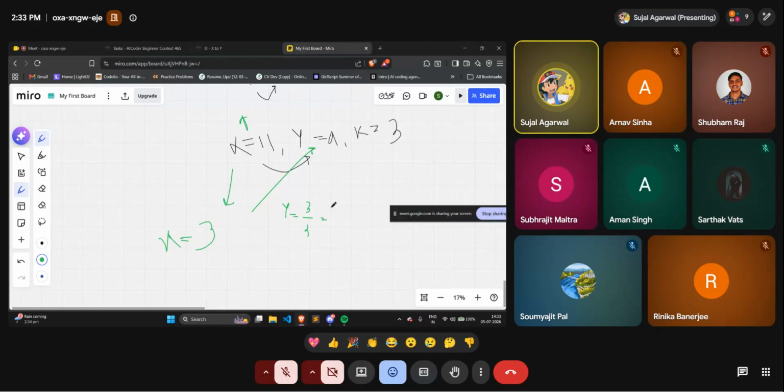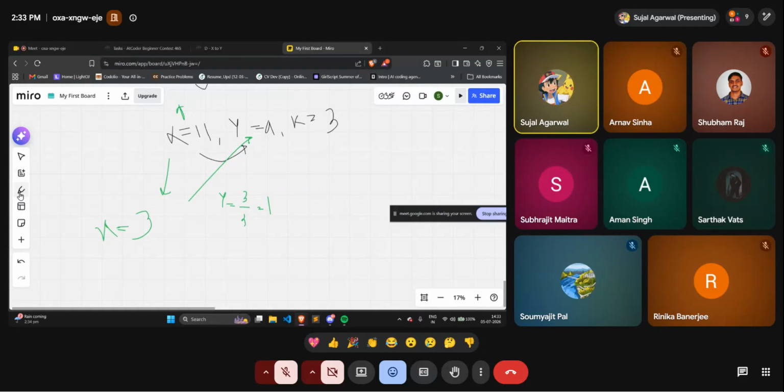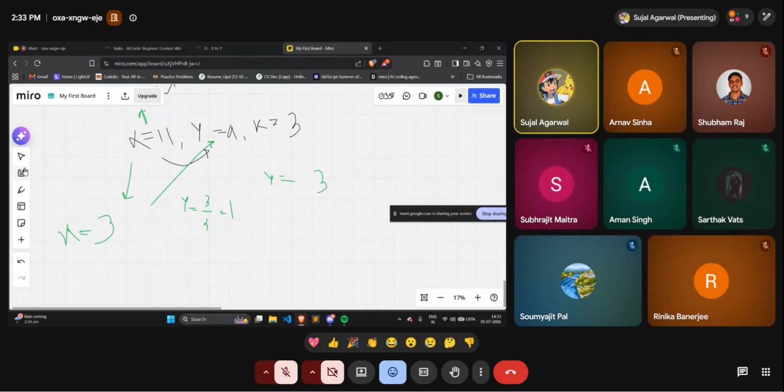So this makes no sense. What if we multiply it over here? So the updated y would not be a specific number. It would vary within a range, right? I think you can get it.